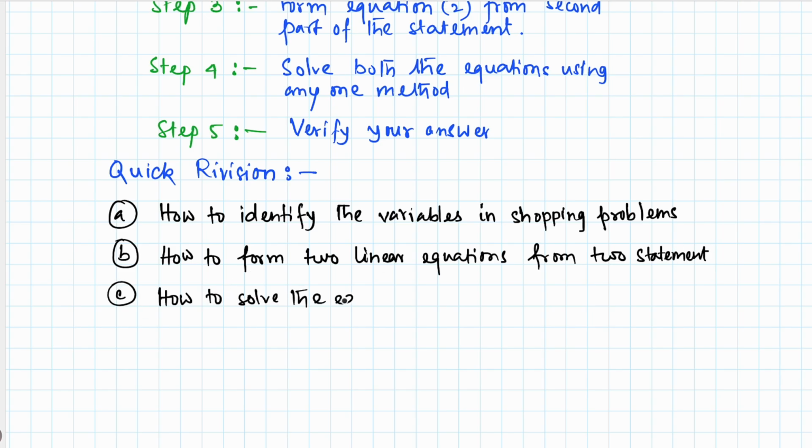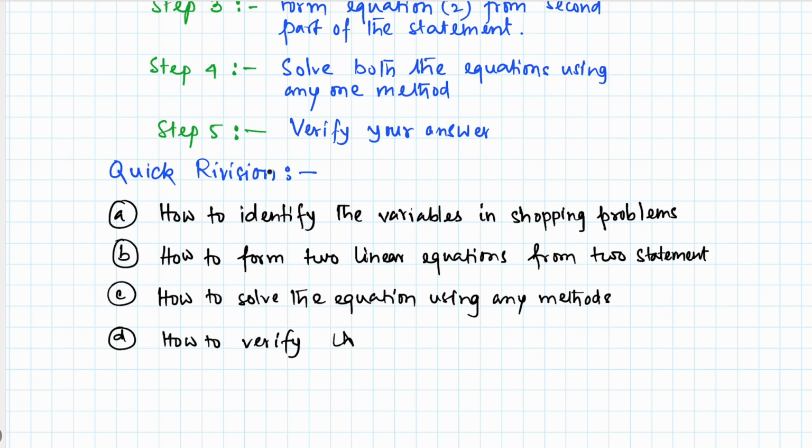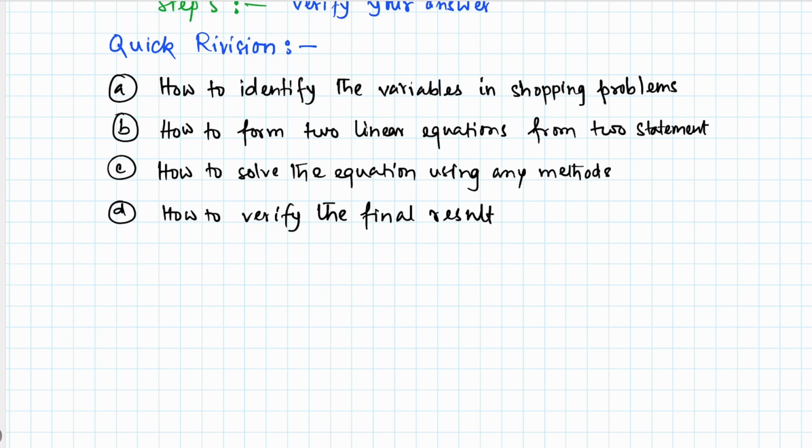How to solve these equations using any one of the methods that you have learned so far, and how to verify the final result. So these are the important things that we have learned so far.